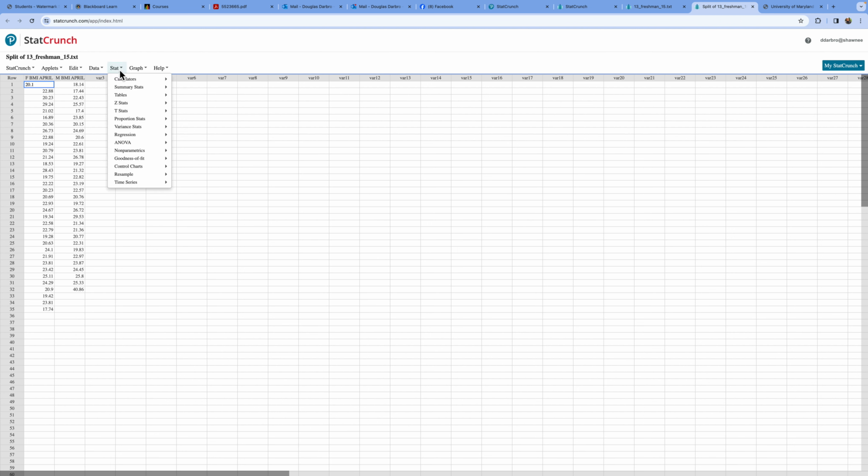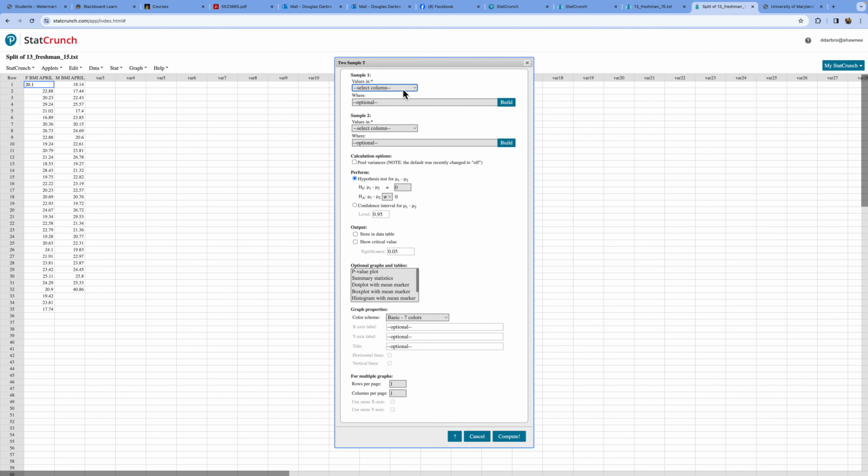So now I can go to statistics, go to tstat, 2-sample with data. I can choose female in the first and male in the second. So I'm testing that the difference of the means is equal to 0, and just hit compute.